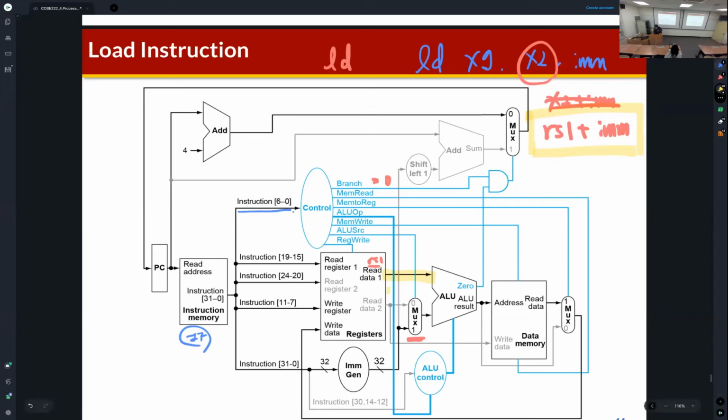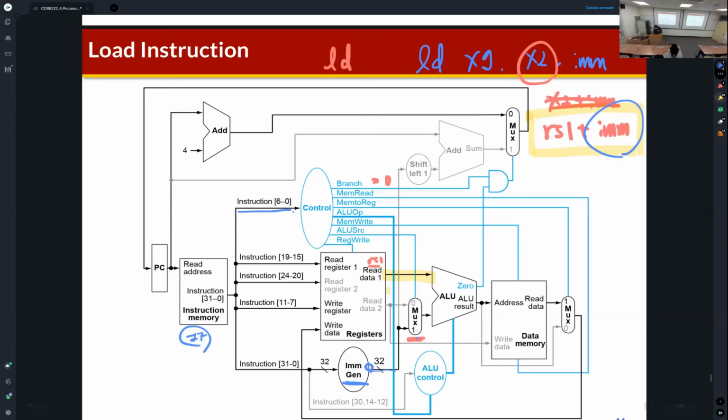So for the second input, this instruction needs immediate data from the immediate generator, right? So you can find that this is the immediate generator. The output of the immediate generator is connected to one of the inputs of this multiplexer.